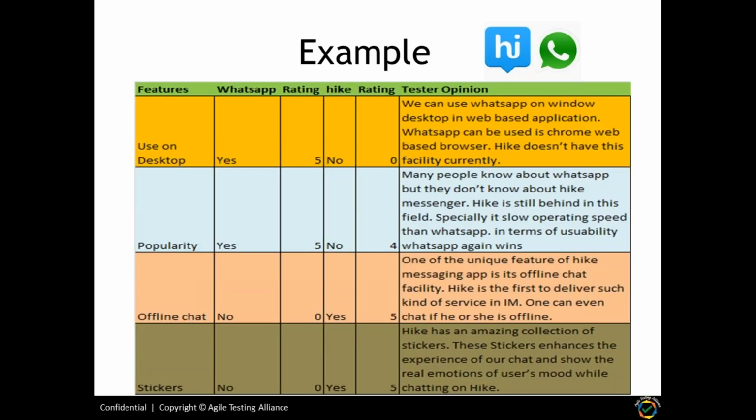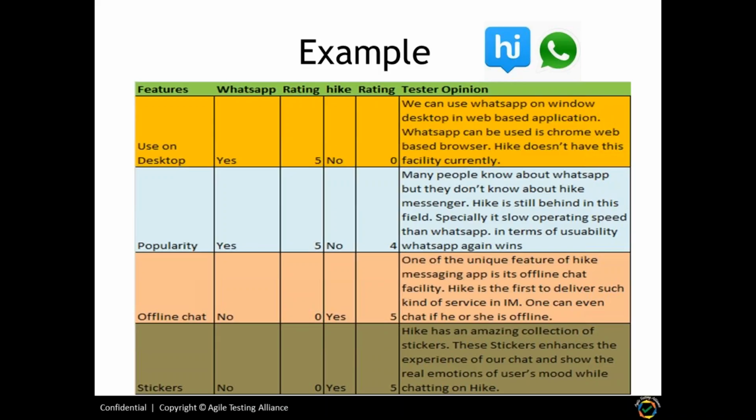Then there is something called offline chat, which is a unique feature of Hike Messenger, right? It is the first to deliver such a service in IM. One can chat even if he or she is offline. That feature doesn't appear in WhatsApp. Then there are stickers, of which Hike has a collection. These stickers help enhance the experience of your chat.